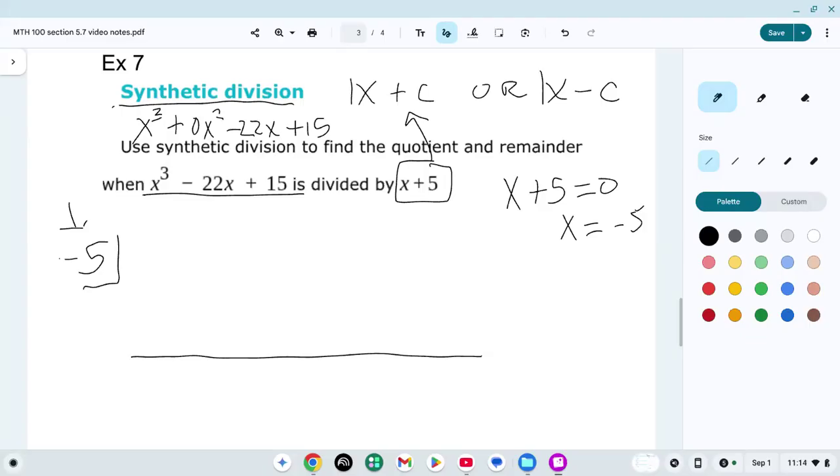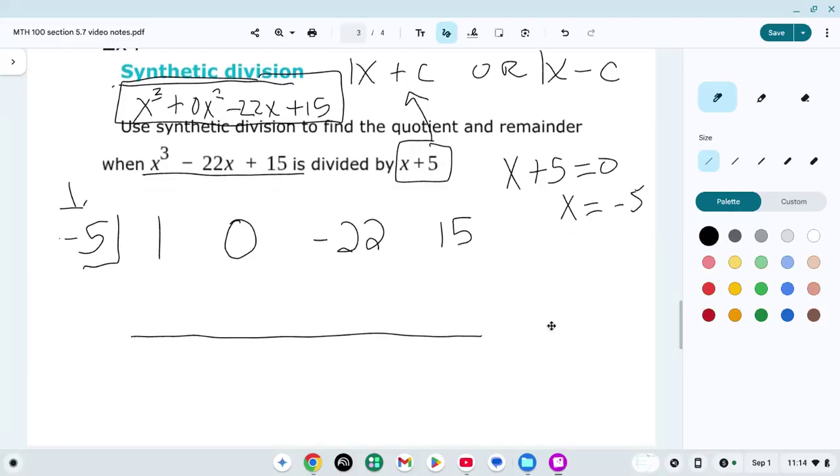So what I'm going to do is write down the 4 numbers that I see, which would be the 1 in front of the x to the third, space over just a little bit, put the 0, which I now have in front of the x squared. Then I'll put negative 22, which is in front of the x, and then my constant number last. This is how I build my table.